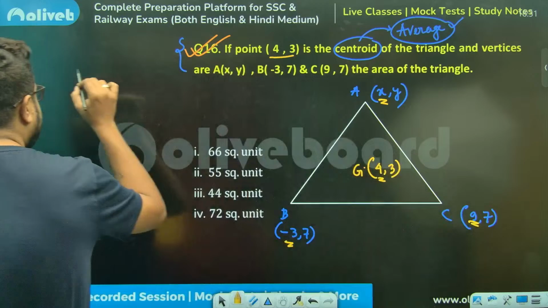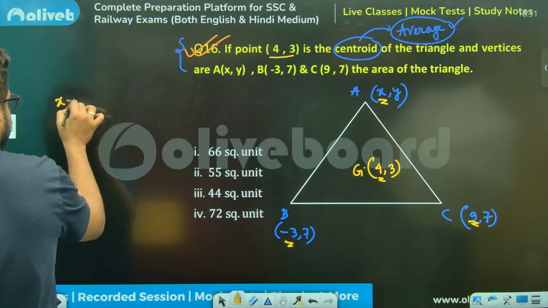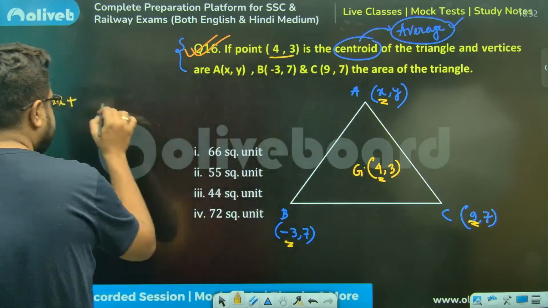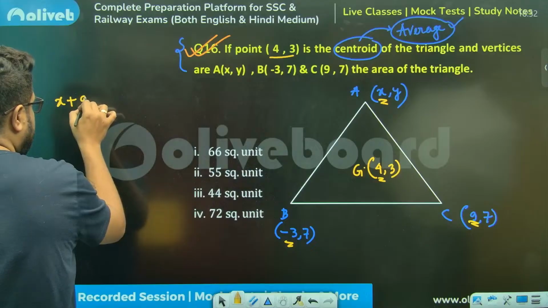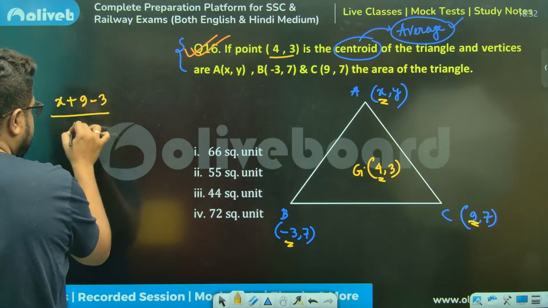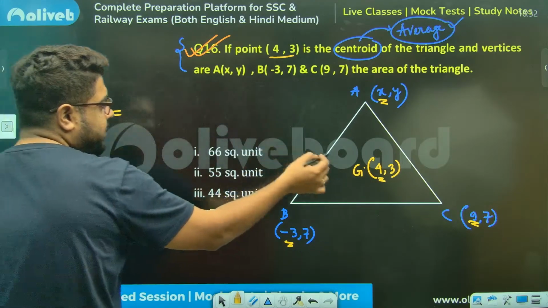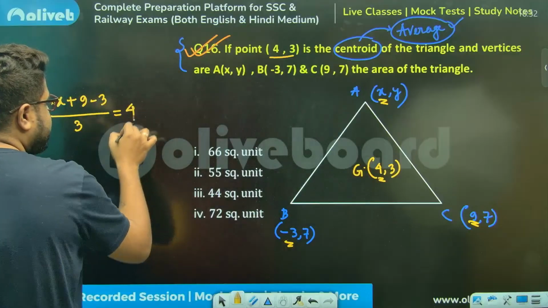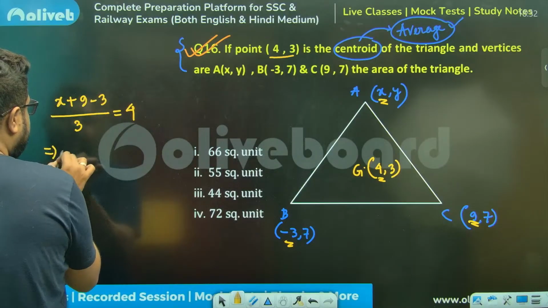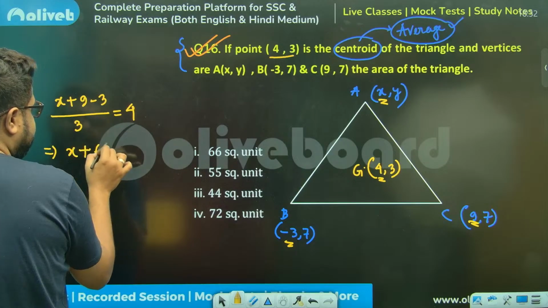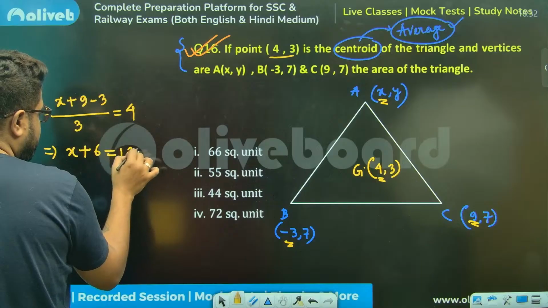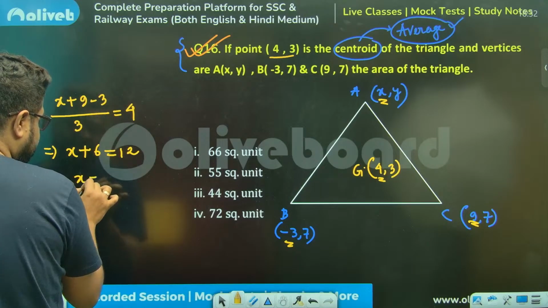So (x + 9 - 3) divided by 3 will give you the centroid's X coordinate. So x + 6 = 12. Rather, x is equal to 6.